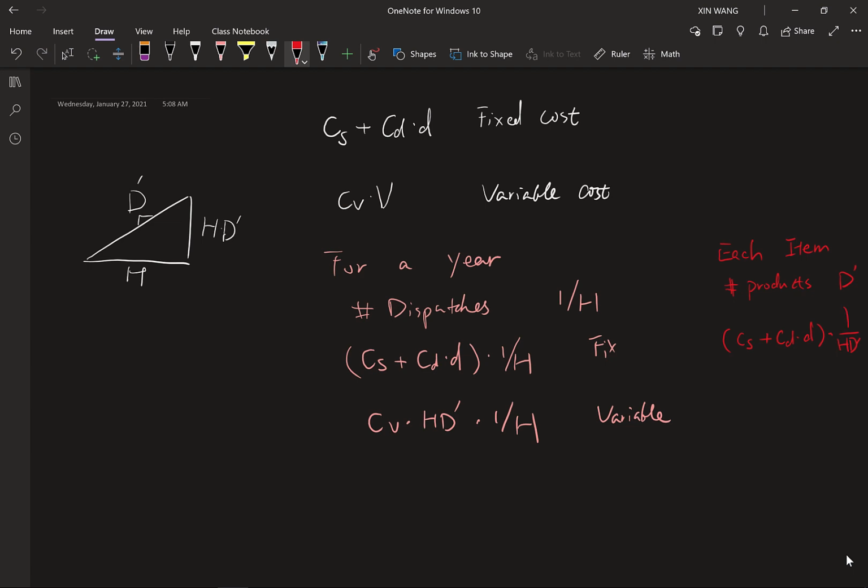And then the variable cost, we also need to divide it by D prime. And also H is cancelled. So we just have CV, which is intuitive.